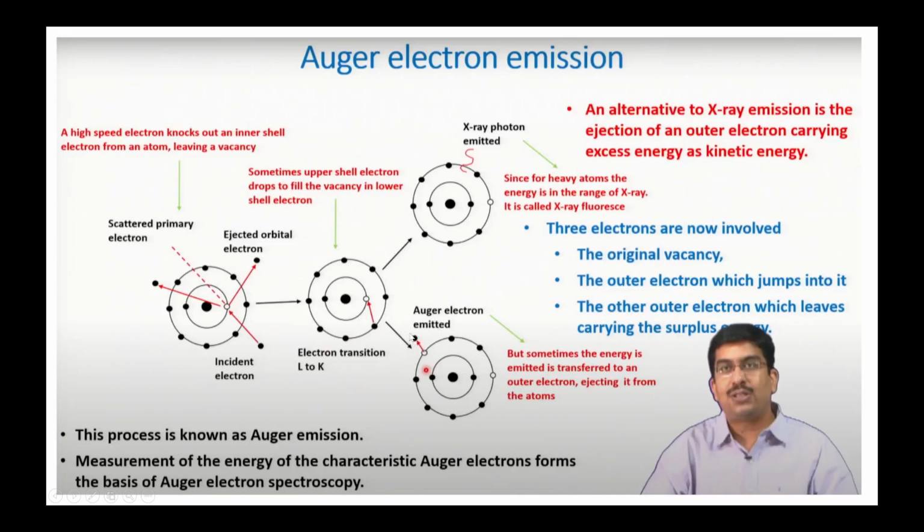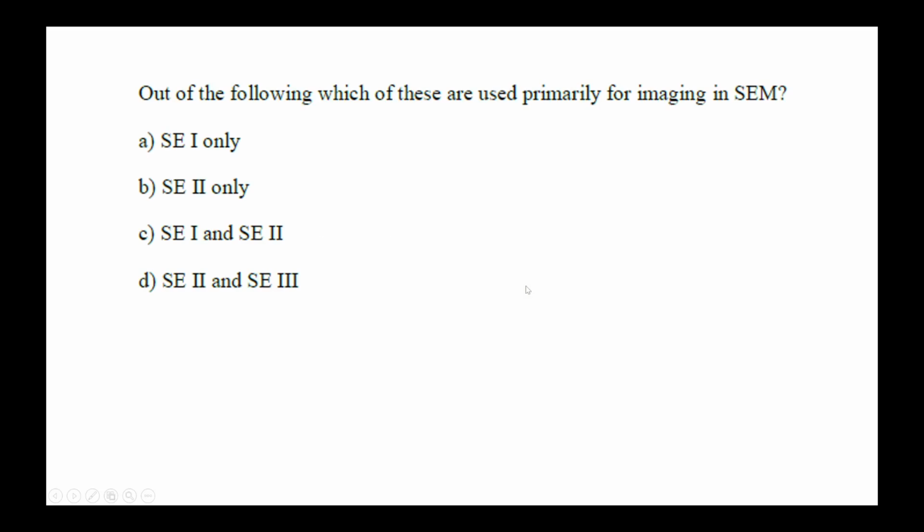An Auger electron will be emitted, and an X-ray photon is emitted. Okay, because when this happens, the X-ray comes because of the energy difference between these two shells. Since for heavy atoms the energy is in the range of X-ray, it is called X-ray fluorescence. But sometimes the emitted energy is transferred to an outer electron, ejecting it from the atom. So this is the Auger electron. This is how the Auger electron comes.